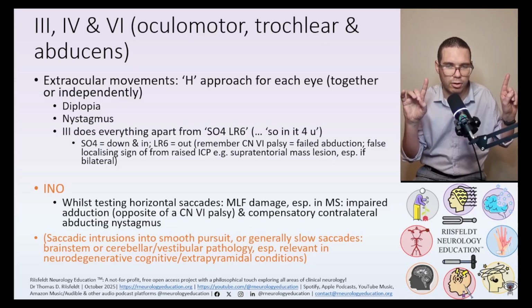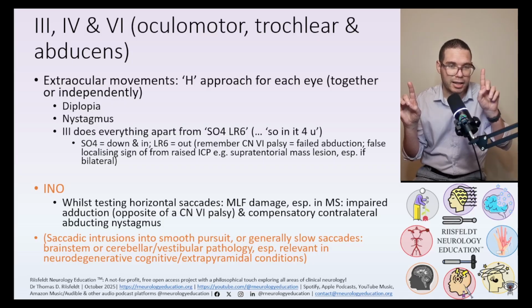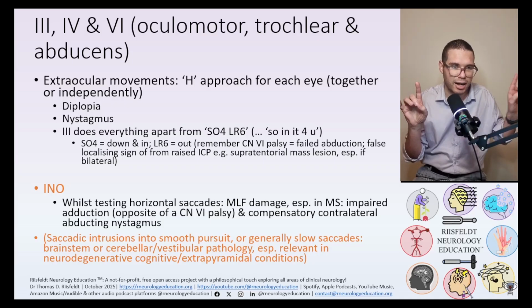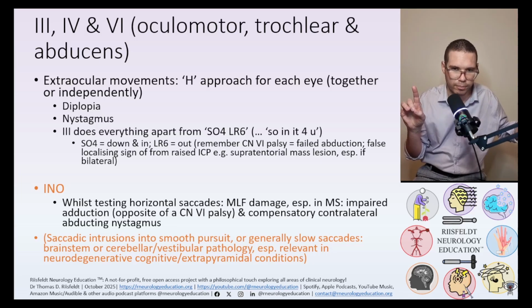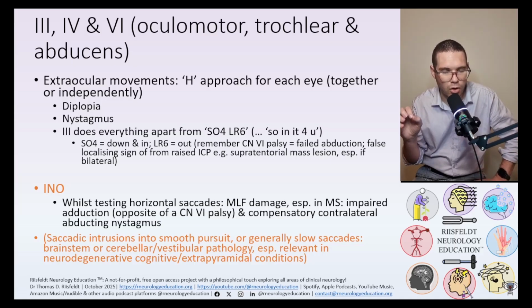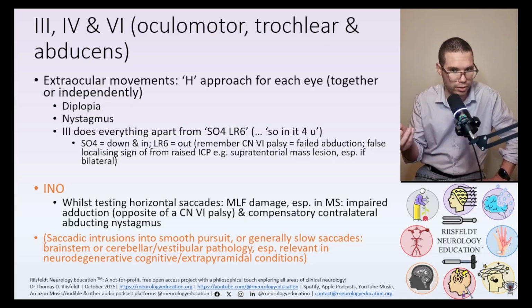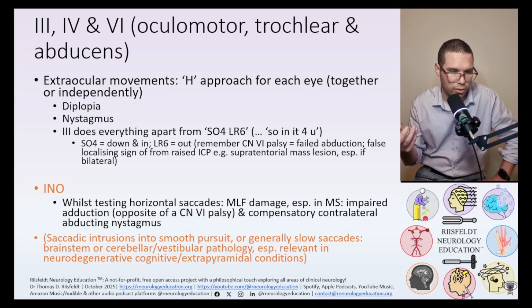Whereas the left eye moves to the left, so it's abducting, and it gets this nystagmus whilst it's in the abducted position, so it will be beating to the left when it's moved to the left. So that's what an INO is, which is strongly suggestive of damage to the MLF, especially in the context of, for example, demyelination in the context of multiple sclerosis.